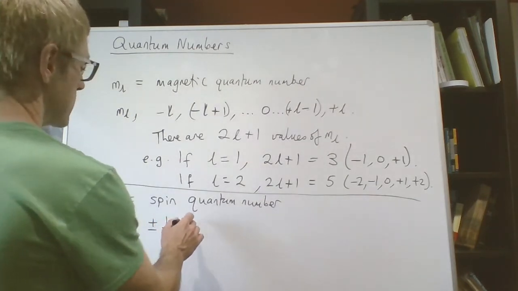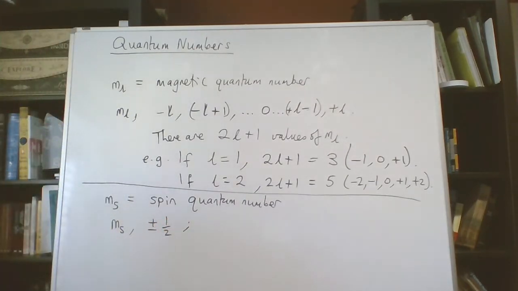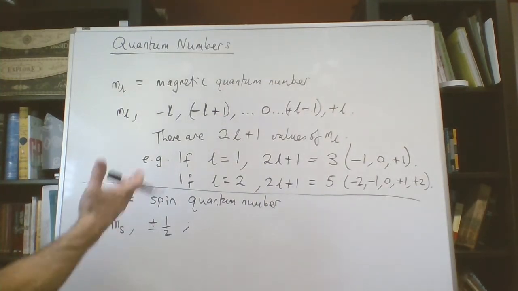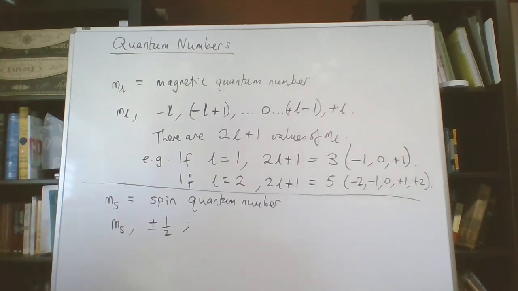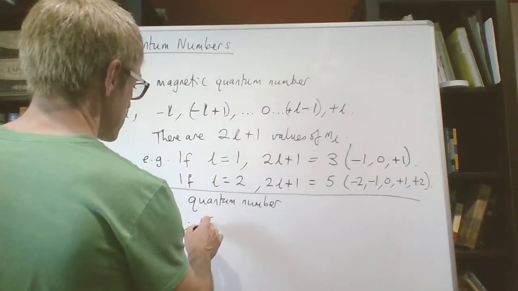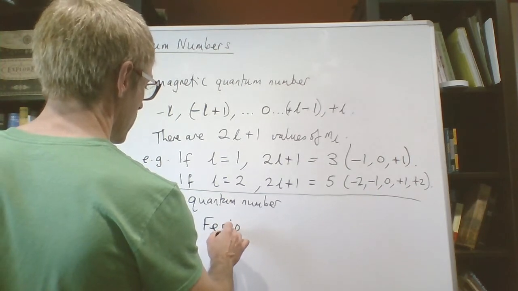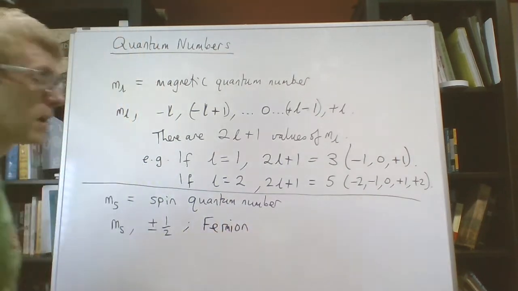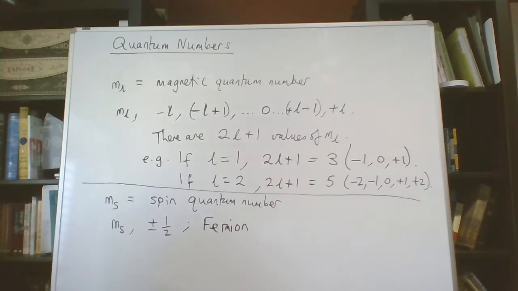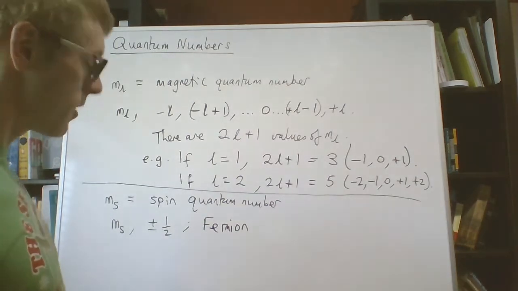And this has a significance for chemists and for physicists. If you have a subatomic particle like an electron with a half-integer spin, or a multiple of a half-integer spin like we do here, it implies it's a fermion, after the physicist Enrico Fermi. So it's a fermion or a Fermi particle.